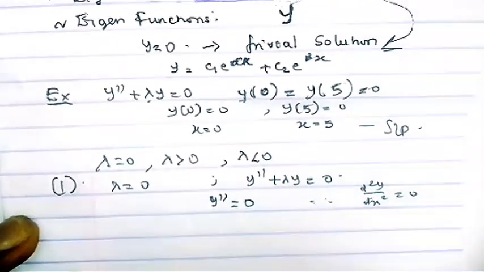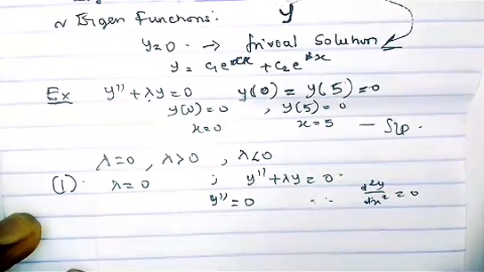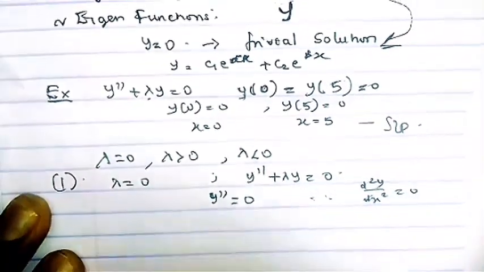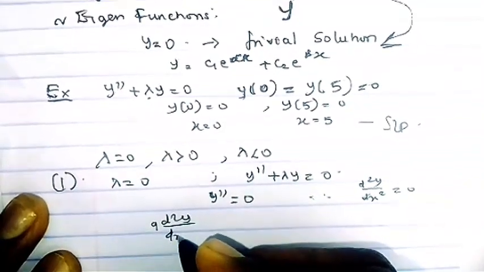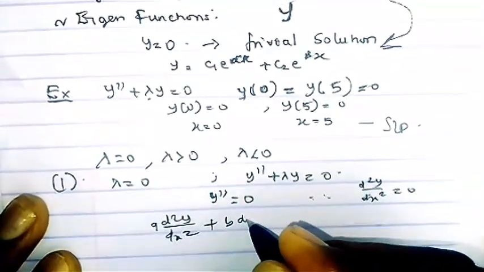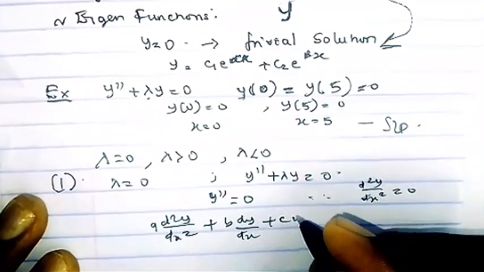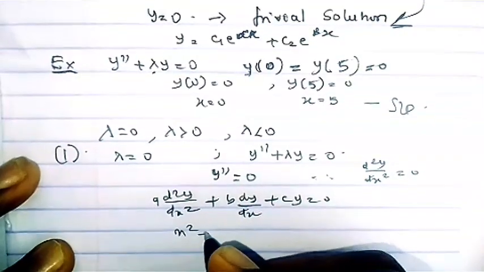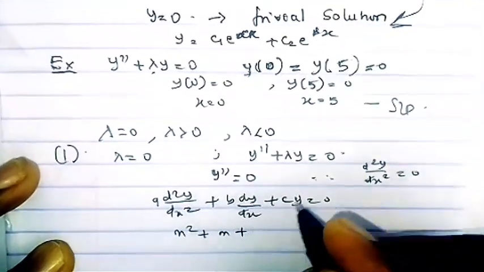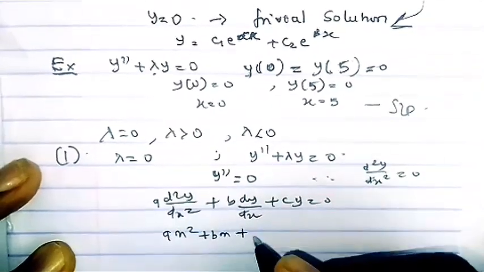So now let me represent it in the form of an auxiliary equation. If you can remember what an auxiliary equation is, if you have a second order differential equation like this, an auxiliary equation will be given as a m squared plus b m plus c equals 0.